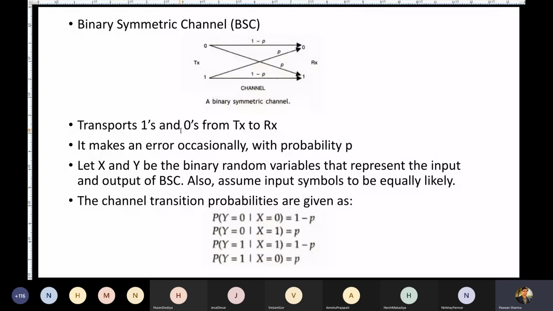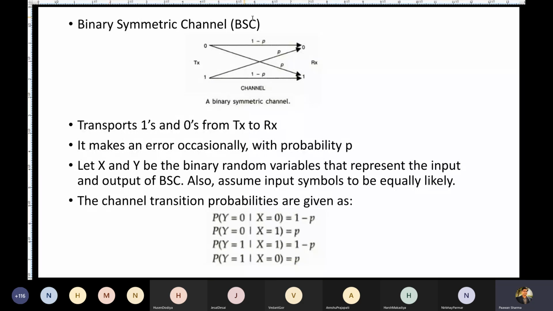It transports ones and zeros from Tx to Rx. It makes an error occasionally based on channel characteristics, environment characteristics, with the probability P. Let capital X and Y be the binary random variables that represent the input.